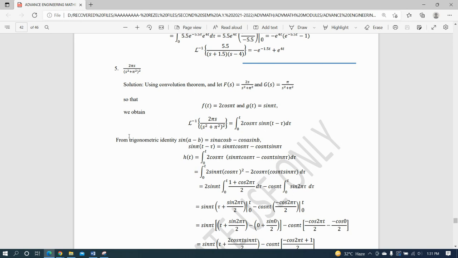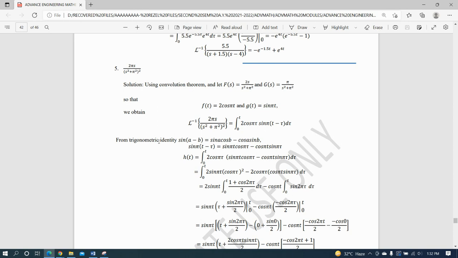So, in this case, we just consider what our f of s is and what our g of s is. There are many ways, as I said, whatever your f of s and g of s are, it's okay, as long as your simplification is correct. But if you want your equation to be simpler, of course you look at how you will factor it out or separate it so that your solution becomes simple.